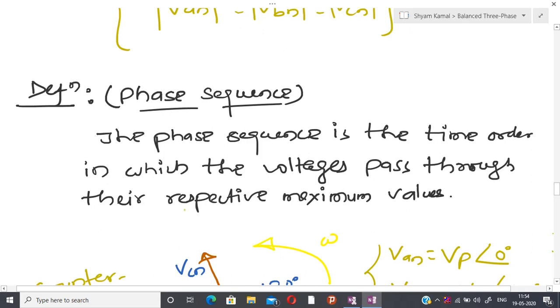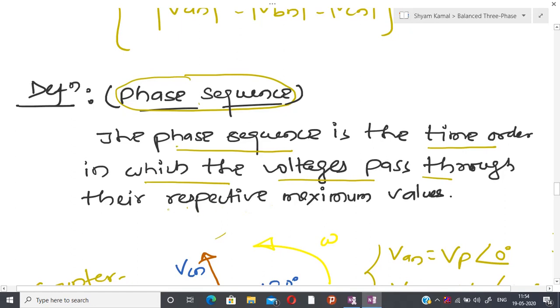Basically I am going to talk about the phase sequence, and the phase sequence is the time order in which the voltages pass through their respective maximum values. So if the rotor is rotating counterclockwise, then I have ABC sequence, and if it rotates clockwise, then we have ACB sequence.